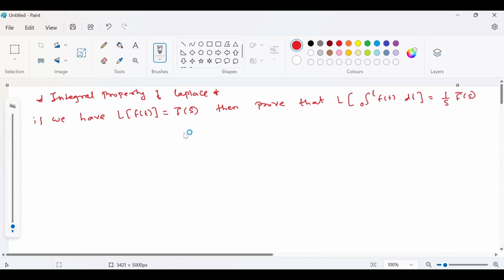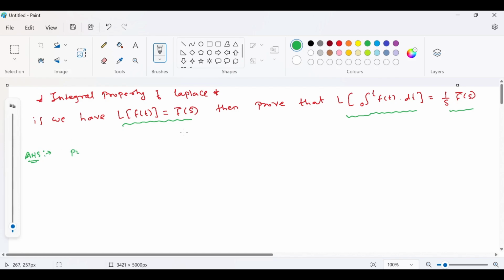What we have given? We have given Laplace f of t is equal to f bar of s. Now what we have to prove? Laplace of integration 0 to t f of t dt is equal to 1 upon s f bar of s. Now, how we are going to prove this? Please give attention here. What we are going to do?